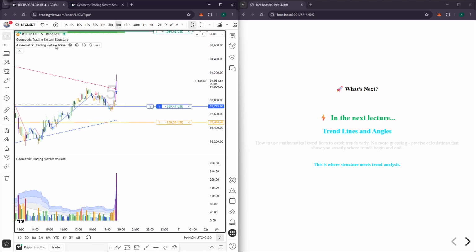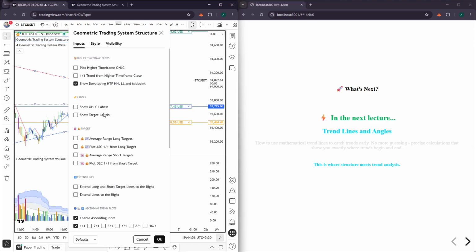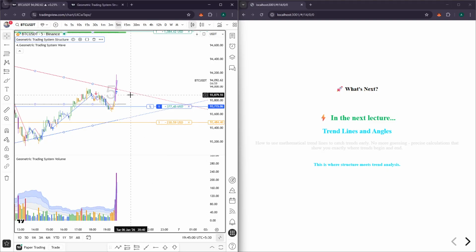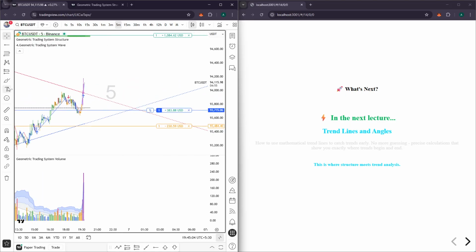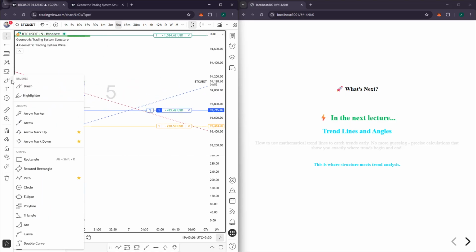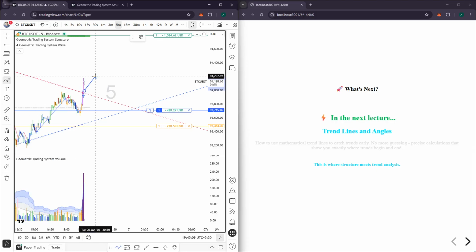So what will happen? Let me extend these lines to the right, and I'll show you where they meet. So they are meeting here around. What might happen is price might come like this and then bounce back to our target.